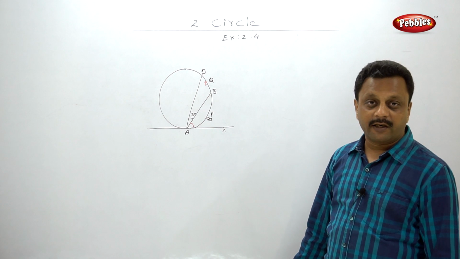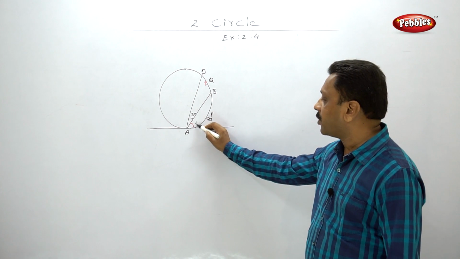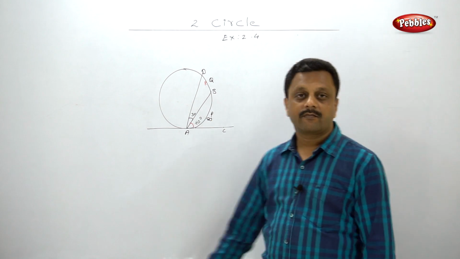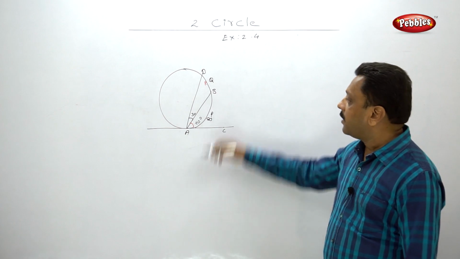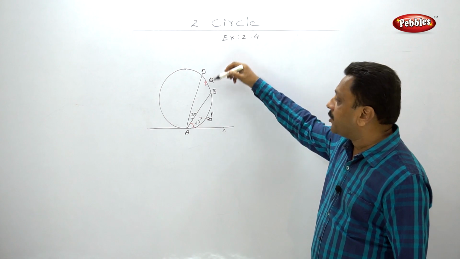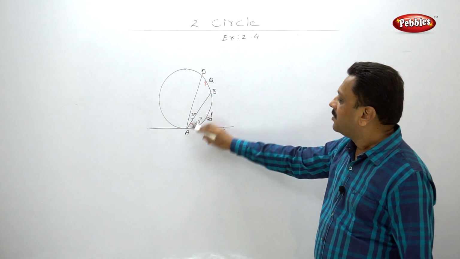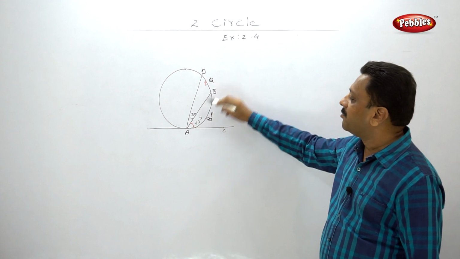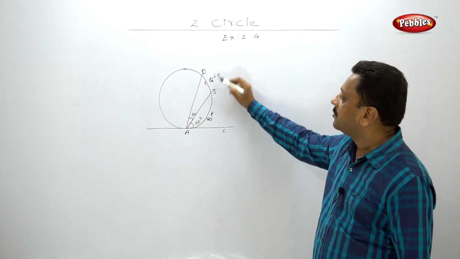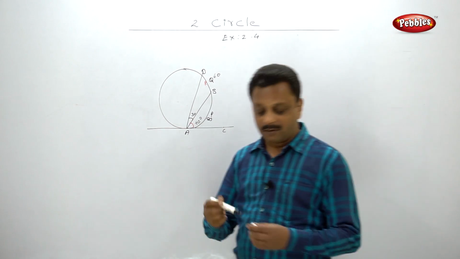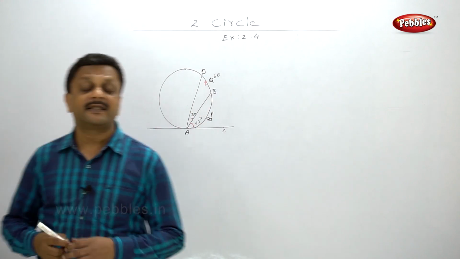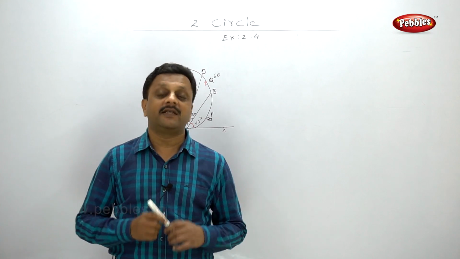By tangent secant theorem, this has to be 40 degrees. And major arc BQD, by inscribed angle theorem, has to be double, that is 60. No doubt, 3 marks in your pocket, extremely easy example.